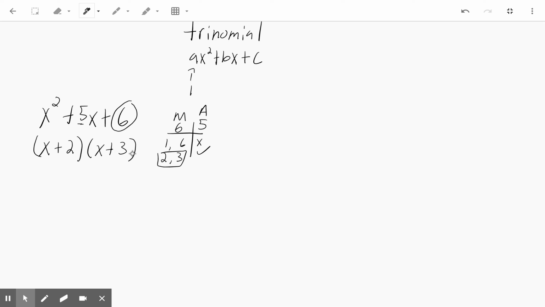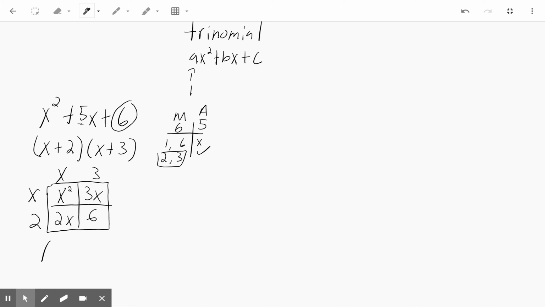We can always open up those parentheses and then just add whichever numbers, or subtract if either of these have been negative. The way we checked our answer is we could use a box, or you can FOIL if you're a FOILer. We'd say x plus 2 times x plus 3. We end up with x squared, 3x, 2x, and 6 in this box.